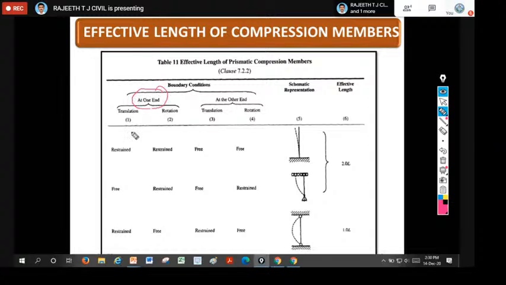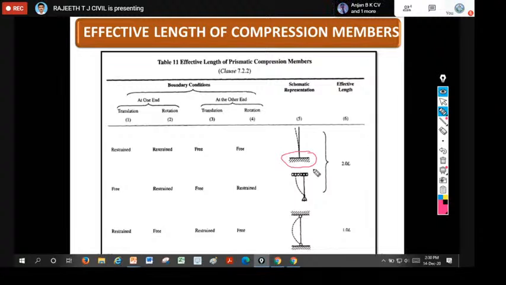At one end, translation. For example, if we take this case, at one end we are given a fixed condition. This is your fixed support. If you provide a fixed support, the translation will always be 0 and the rotation will be 0.